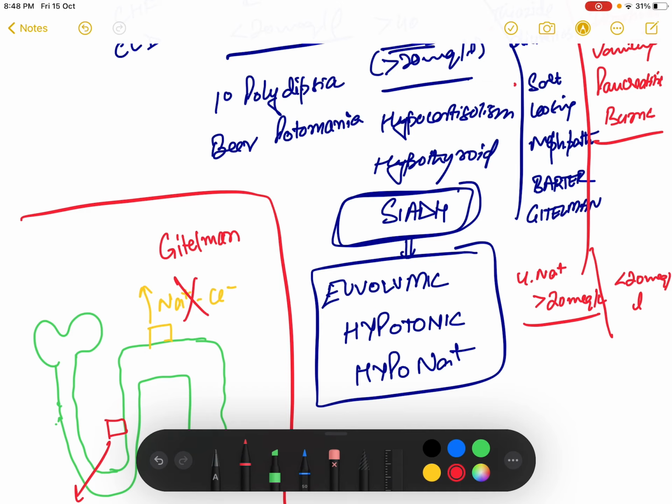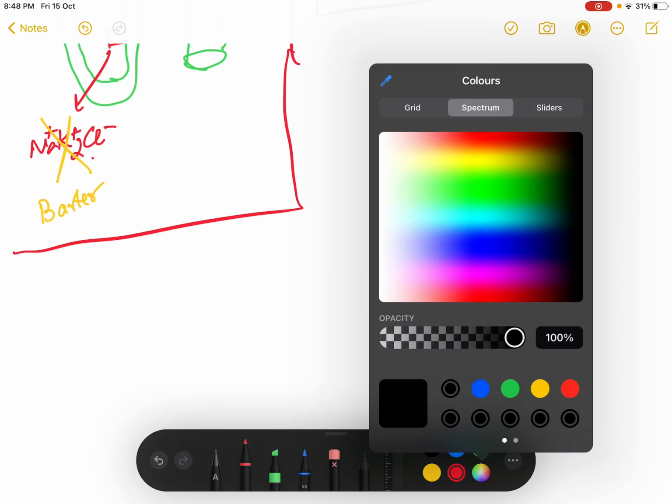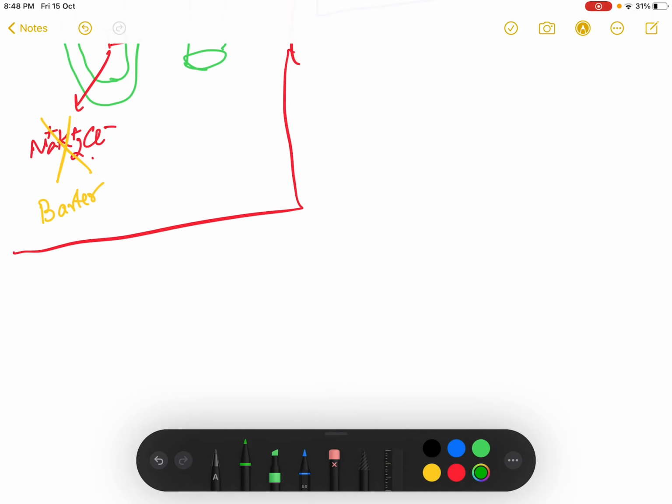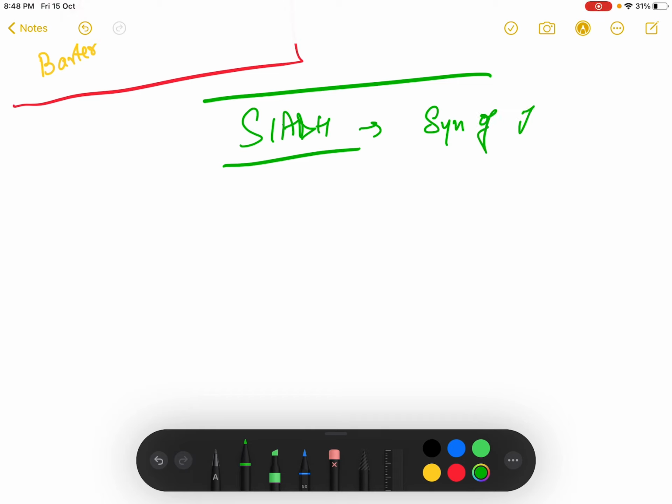Okay, now coming on to SIADH, let's study some important concepts of SIADH. SIADH is syndrome of inappropriate ADH secretion. So it is always, as we studied, a euvolumic hypotonic hyponatremia.